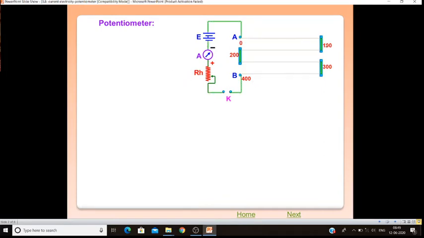Potentiometer has a long wire. In this diagram it is of 400 centimeters, that is 4 meter wire, or even more than that. This is a battery, an ammeter, a rheostat, and a key. So this one is called the primary circuit.